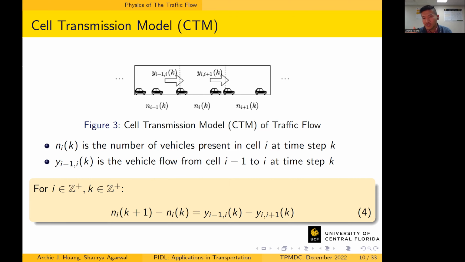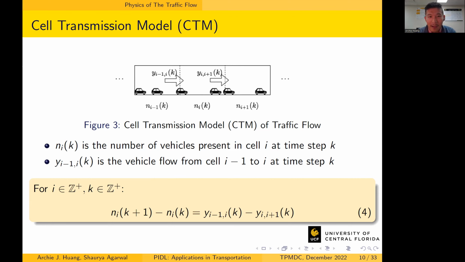And the right gives you the difference between your downstream flow and your upstream flow. So equation 4 depicts this relationship: the difference between flow in and flow out results in the change in the number of vehicles in this cell.